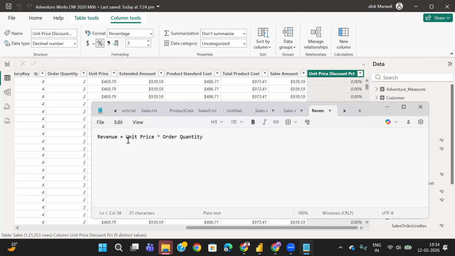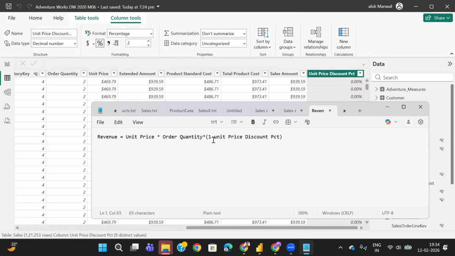So revenue should be unit price into order quantity, multiplied by 1 minus unit price discount percentage. Am I correct? Yes.